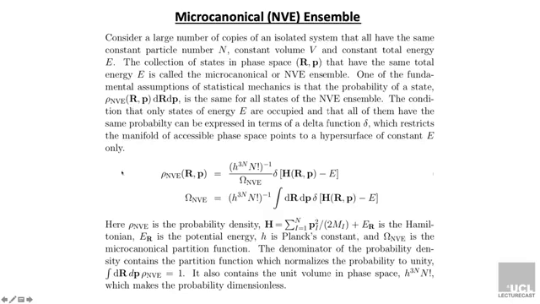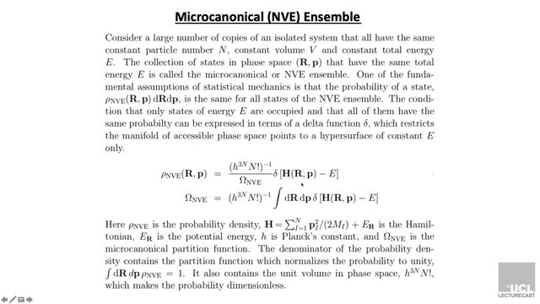Well, the probability is 0 if at that point in phase space the energy is not equal to E, and it is finite for all points in phase space that have the energy E. So this is then expressed as a delta function, which is shown here, delta of H(R,P) minus E. H here is the Hamiltonian function, just kinetic energy plus potential energy, written down here in that line.